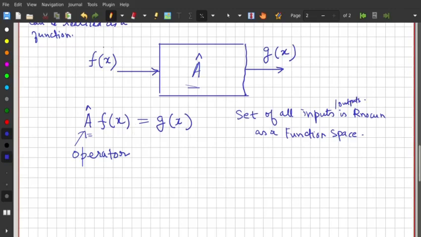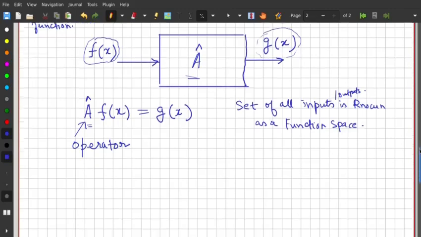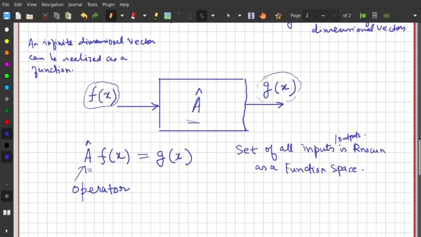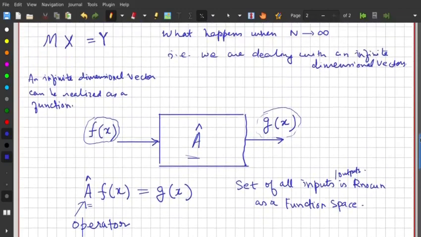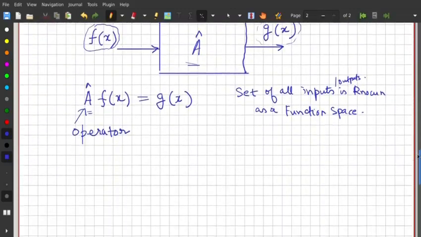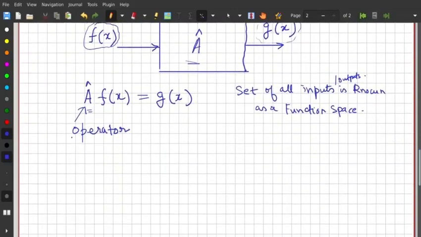One of the elements of that function space is f of x, and you pass it through the operator A, and it provides another function g of x. That g of x can be in the same function space, or it can be in a different function space, and we'll be seeing all these things as we require different ideas. But that is a generic idea of operators that we wanted to come up with.